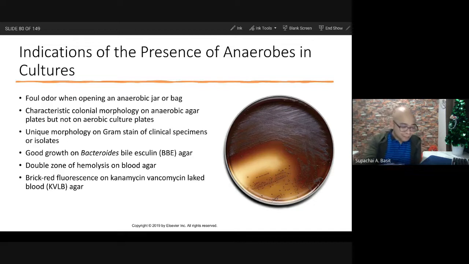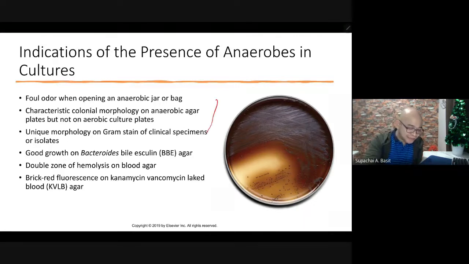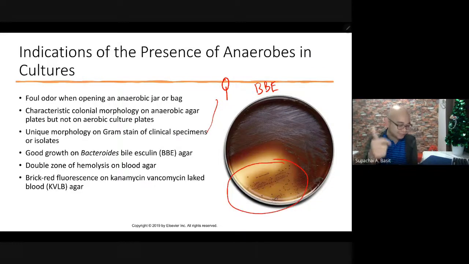So for example, if it's Clostridium tetani, you would expect to have swollen spores. And then, there should be a good growth on bile esculin agar. So ito yung example ng Bacteroides on bile esculin agar. So kapag merong growth na ganito, that's okay.